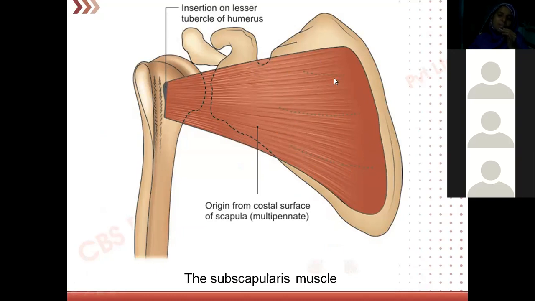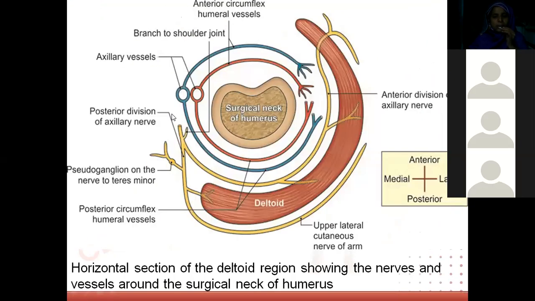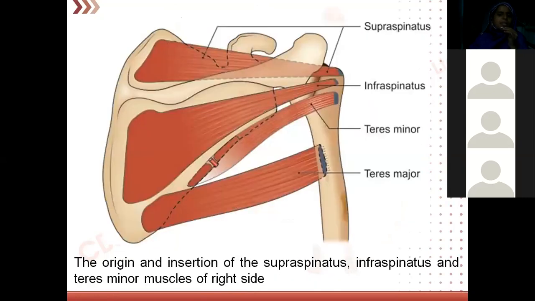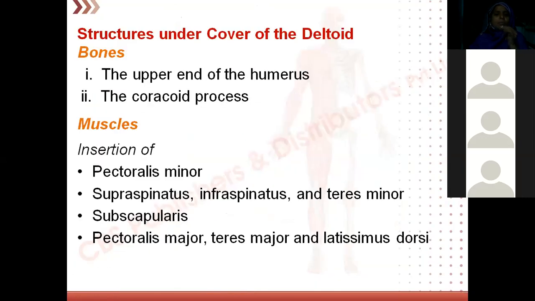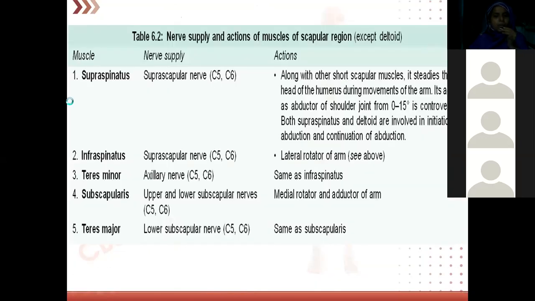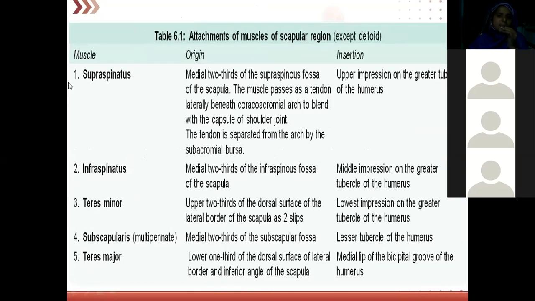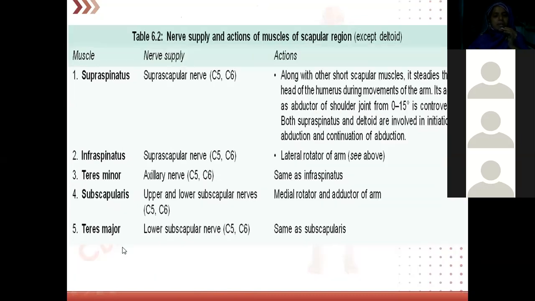From the whole of the subscapular fossa, the muscle subscapularis gets inserted into the lesser tubercle of the humerus. We need not panic, many muscles are there, but we have just studied SITS: supraspinatus, infraspinatus, teres minor, subscapularis, and teres major.